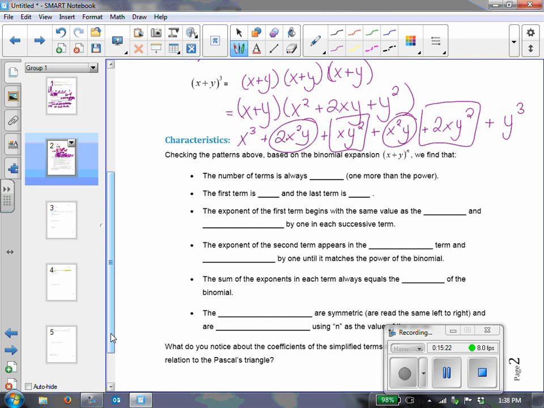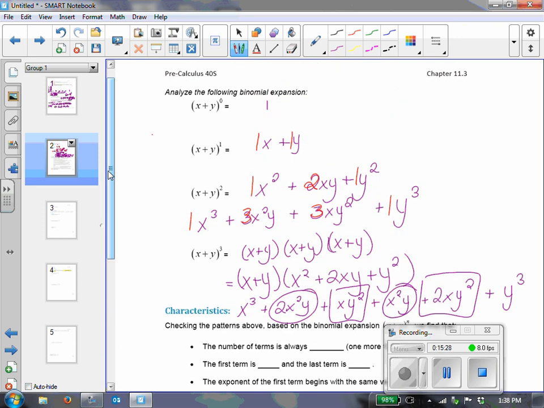Okay, patterns above. The number of terms: what's my power? 0. How many terms do I have? 1. Power of 1, how many terms? 2. Power of 2, how many terms? 3. Exponent of 3, so I'm going to have 4 terms.